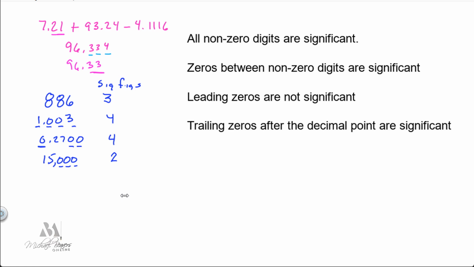Let's see if I can think up a couple other cases we can do. 0.0027. Any leading zeros aren't significant. Now in the case up here, we had zeros in between non-zero numbers, but on this one we do not have that same case. These are just leading zeros, so they don't count, and so there's only 2.